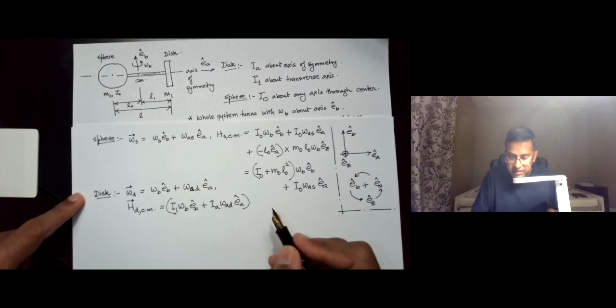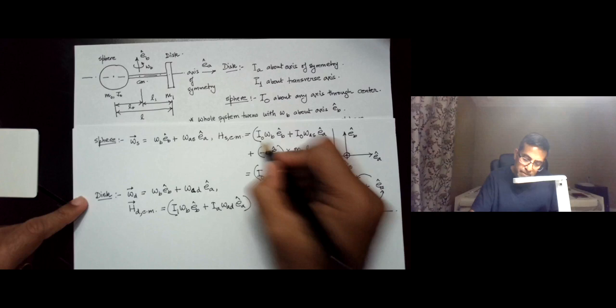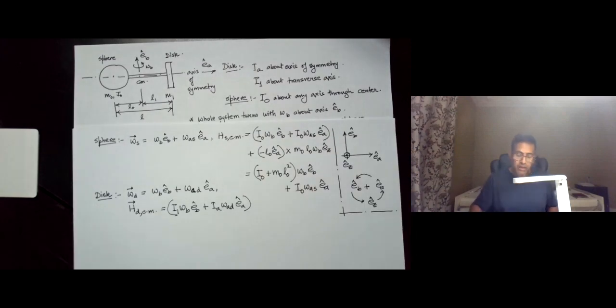So this is the angular momentum part of the disk about its own center of mass, using the symmetry axis EA and EB as the other transverse axis and Z as the other transverse axis.